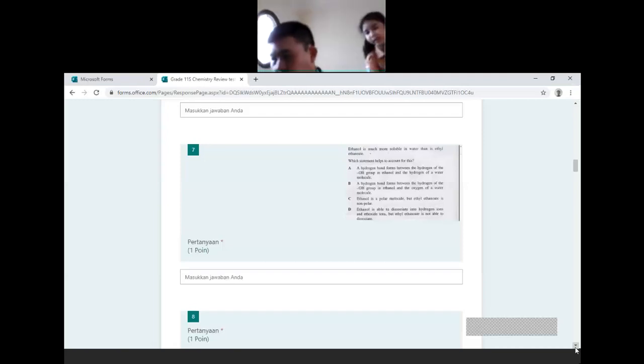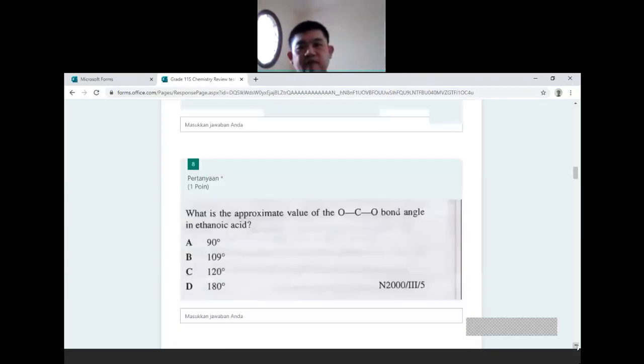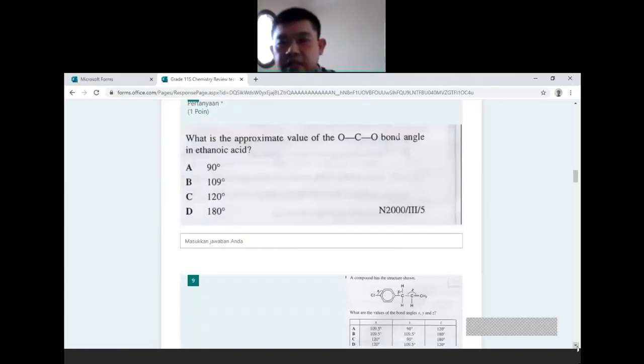And then next, number 8. What is the approximate value of the OCO bond angle? This one in ethanoic acid must be the functional group of the carboxylic acid. We know the structure of the carboxylic acid is RCOOH.